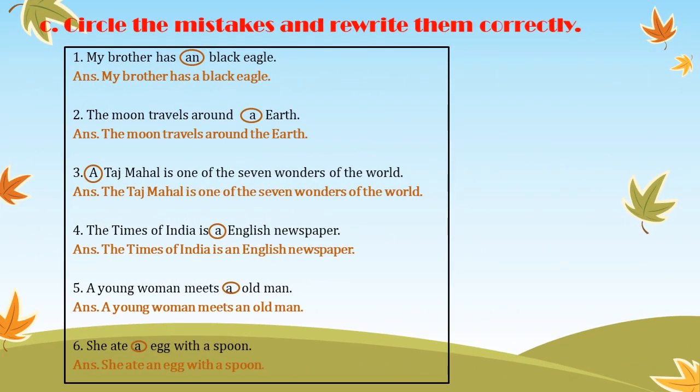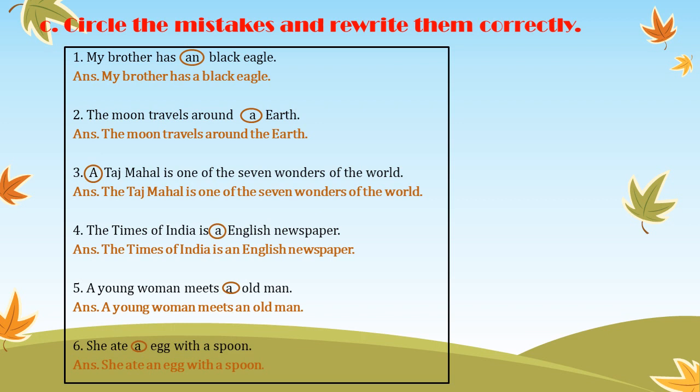The next question is: circle the mistakes and rewrite them correctly. In this question, we have to find out the mistakes and rewrite the sentence correctly. First question is: my brother has an black eagle.